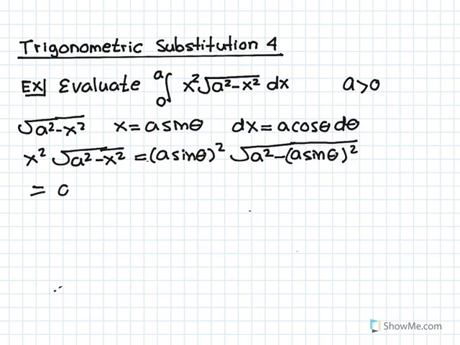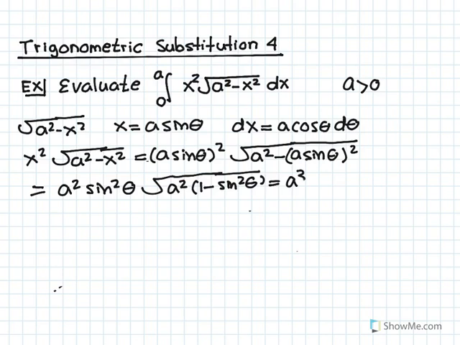Simplifying this, we get a squared sine squared theta. Let's factor out the a squared from inside the radical. We get a squared times 1 minus sine squared theta. And that gives us, root of a squared is just a, so we get a cubed sine squared theta. And this is where the trig identity comes in. Cos squared theta plus sine squared theta is equal to 1.